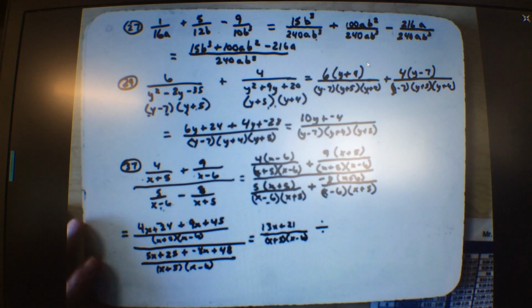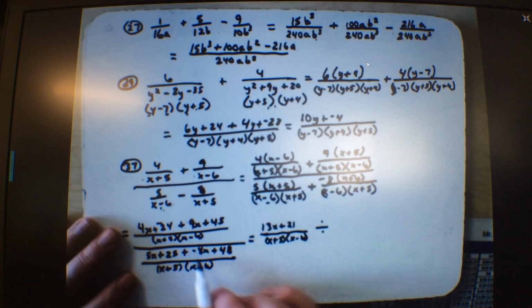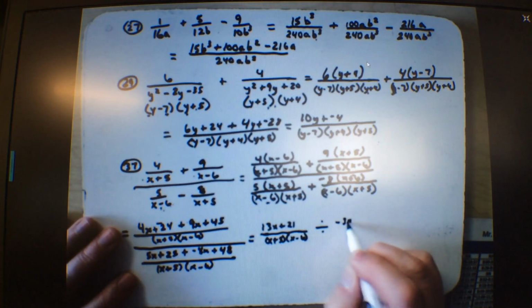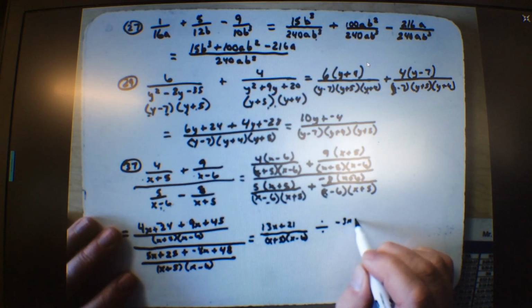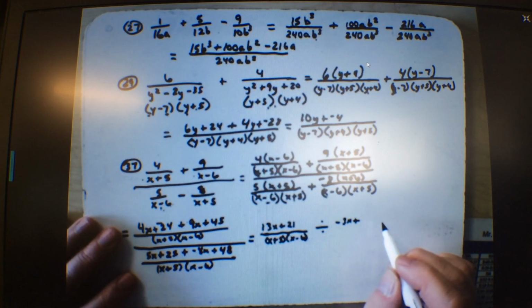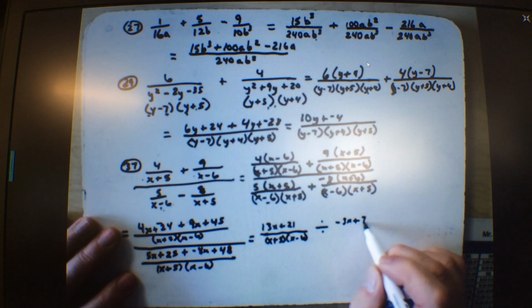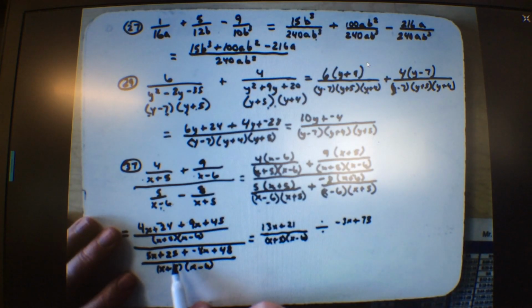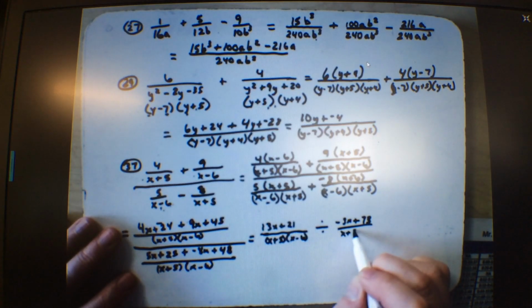I turned it into elementary division. On the bottom, 5x plus a negative 8x is a negative 3x. Plus 48 and 25 is what? 73.